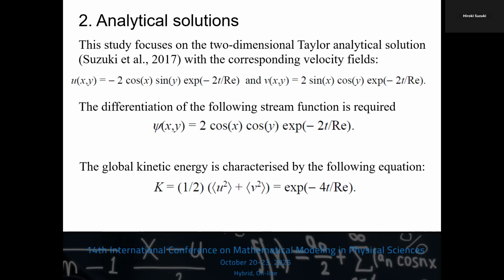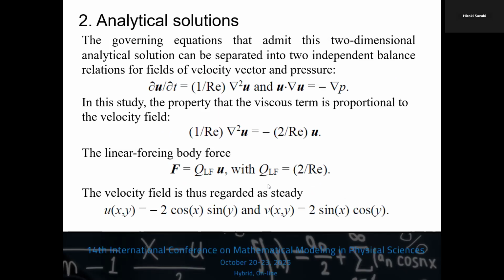In this flow, the global kinetic energy is characterized by the following equation. Here, this denotes the sample average. The governing equation that admits this two-dimensional analytical solution can be separated into two independent balanced equations for the fields of velocity vector and pressure.